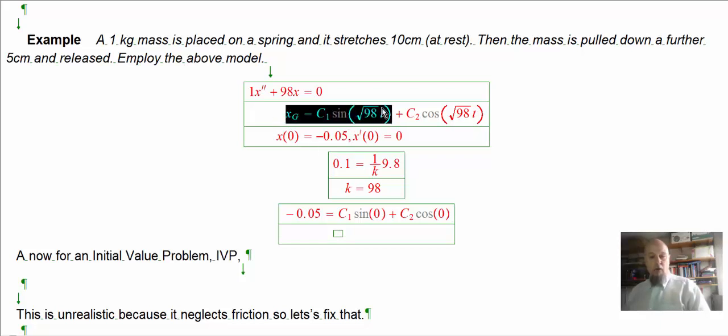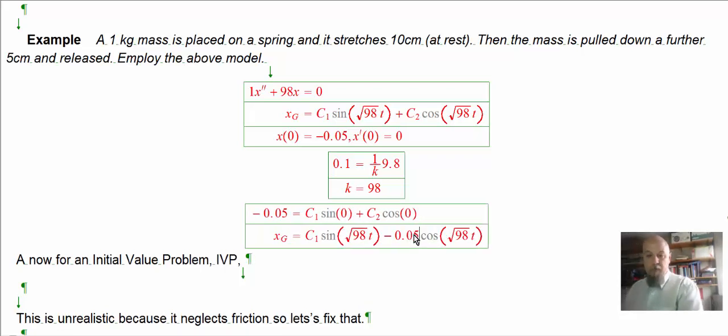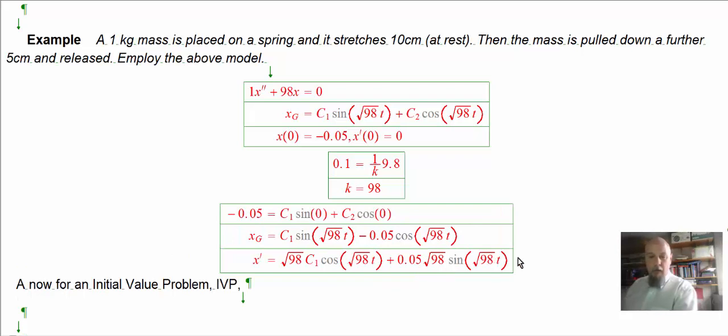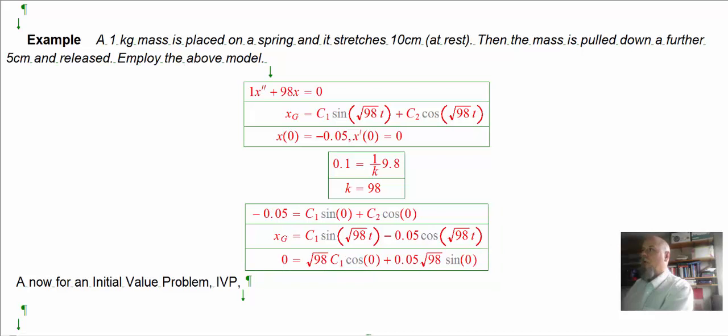So now our equation is, I know that C2 is equal to minus 0.05. I need the derivative of this so I can invoke the second condition. When I put in t equals 0, x prime is equal to 0.